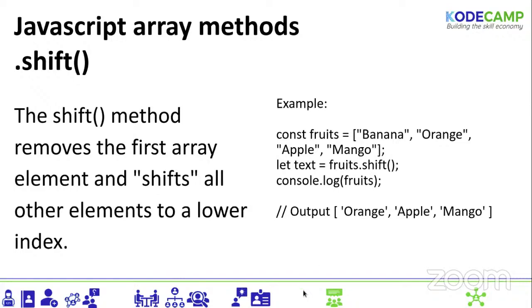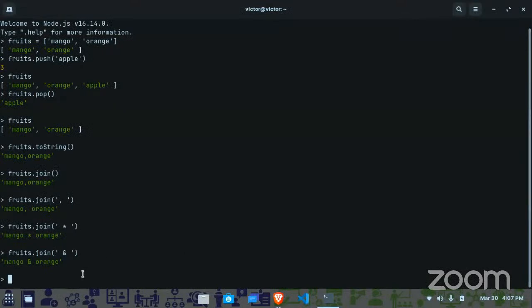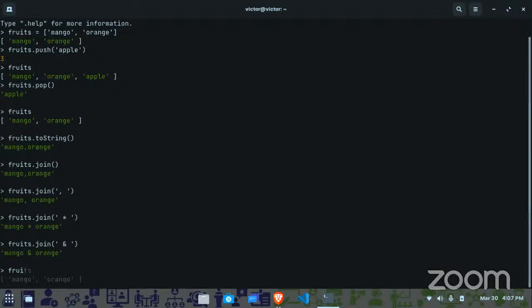So if we try to do that using our terminal, if we say fruits, our fruits now just have mango and orange there.